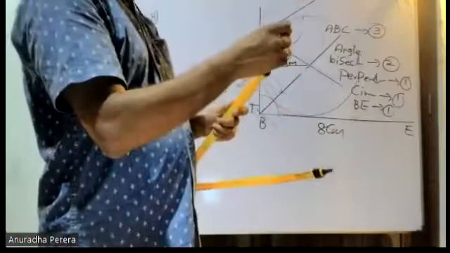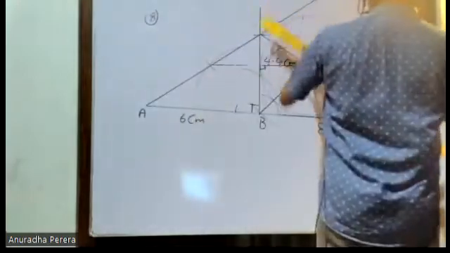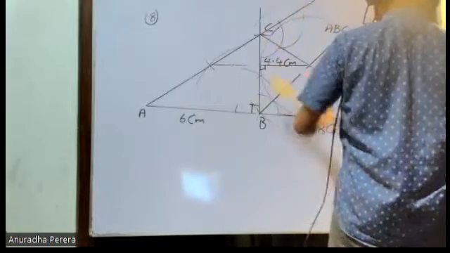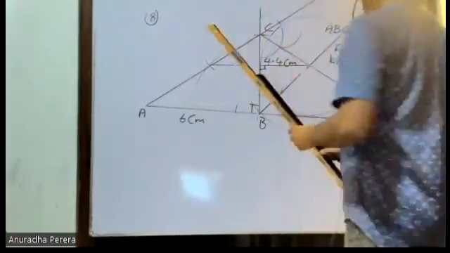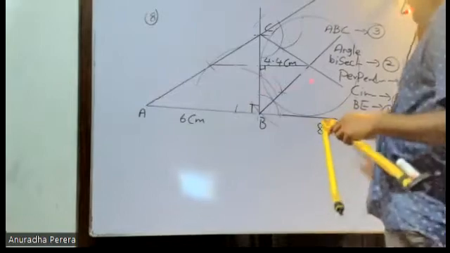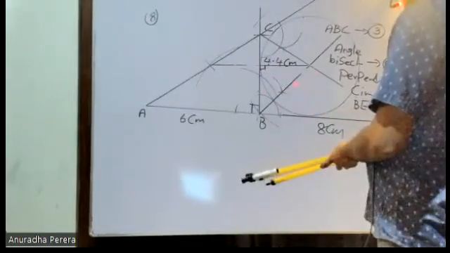After that, join. What is the length? Tangent. This one, this is the tangent. What's the question?